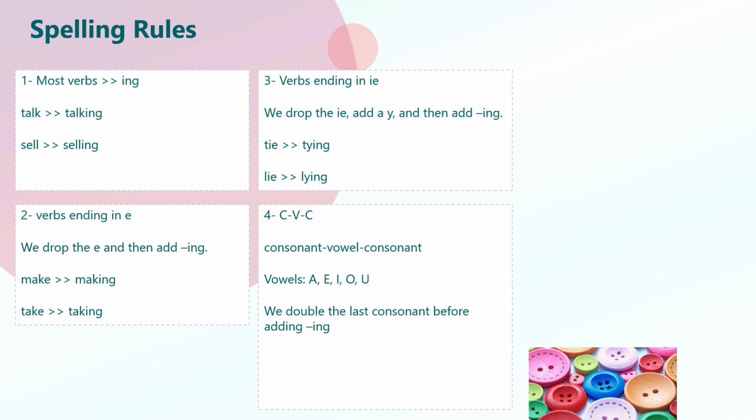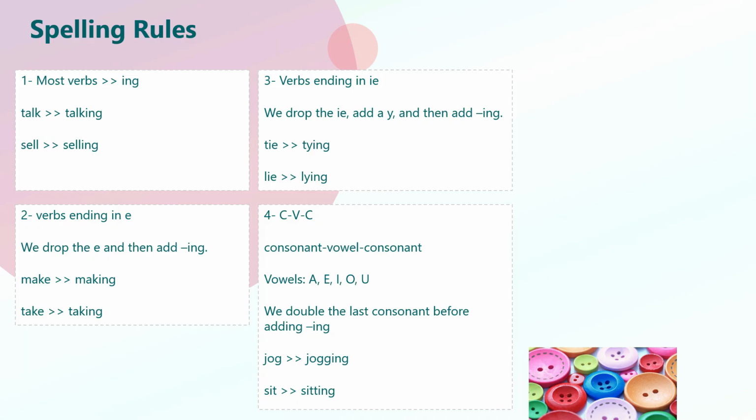To figure this out, look at the word from the end, because not every word is just 3 letters long. But always check the verb from the end, okay? CVC. If it follows this pattern, then double the last letter before adding ing. For example, jog becomes jogging. Sit becomes sitting. Alright?